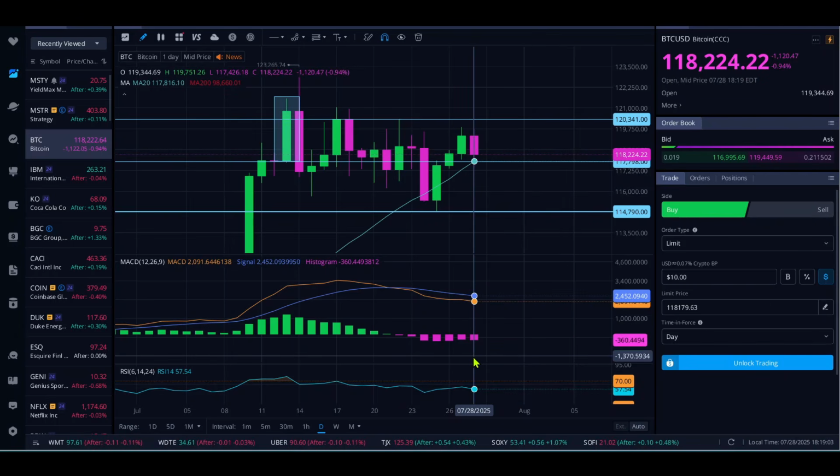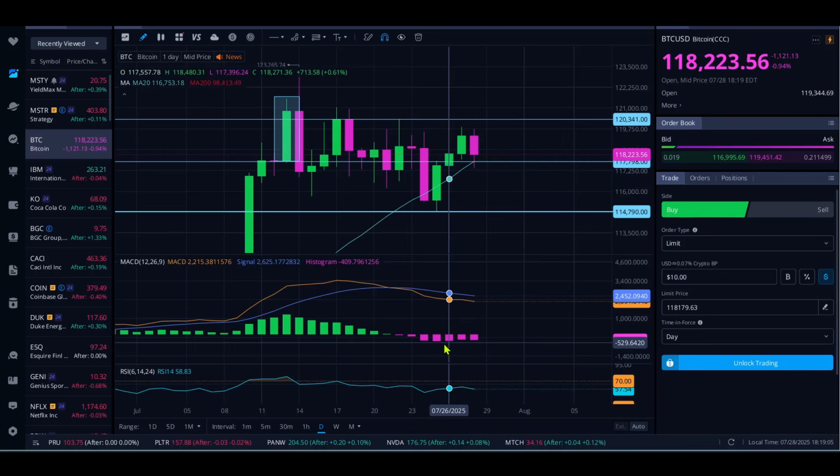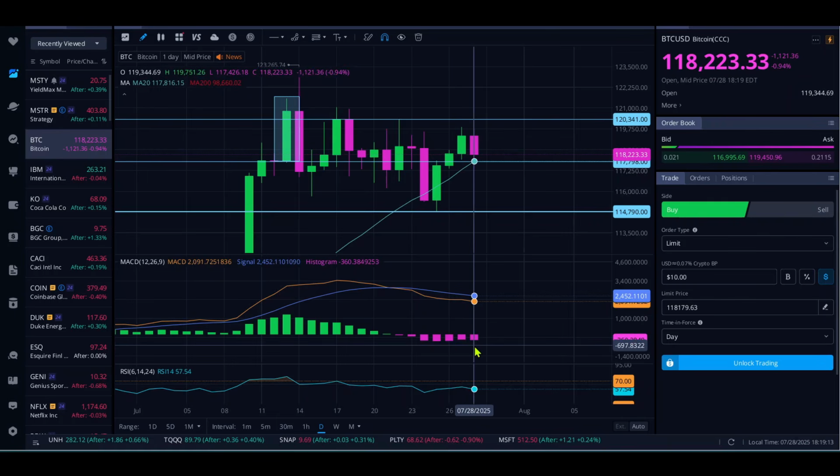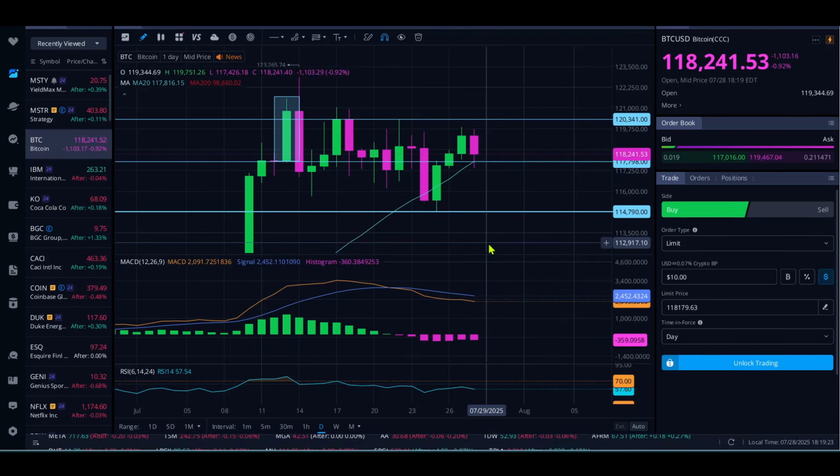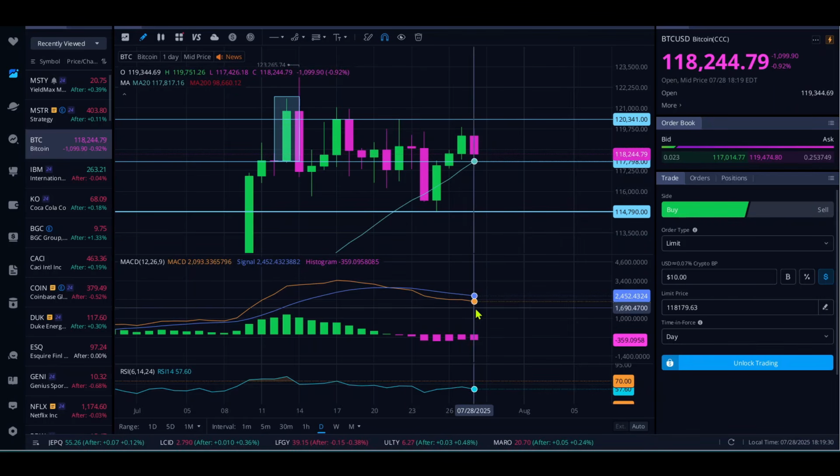Now, the other day when we were talking about Bitcoin, we were talking about the momentum bars right here as they were decreasing, right? But it looks like it did increase slightly today. So you can see that little bump right here, and I'll move my cursor so you can see it, but it's right here, as it did start trying to go toward that signal line, which is the blue line, before turning back down, right?